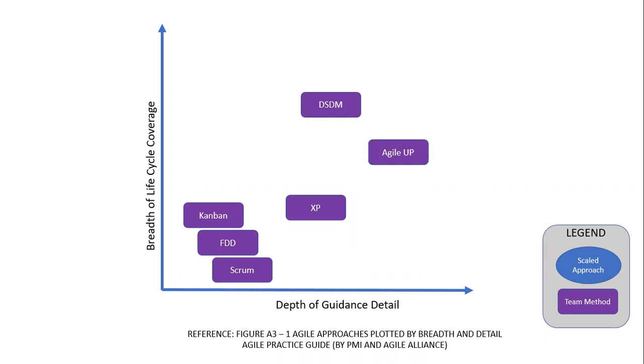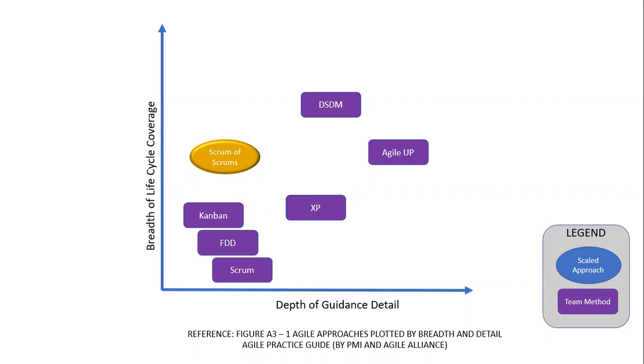Now, no matter how successful you are at the team level, in most companies, there's a hunger to take it up a notch, where there are multiple teams working on a single product. And that's where we begin the business case for scaling. The Scrum of Scrums, in terms of depth, does not have that much depth.